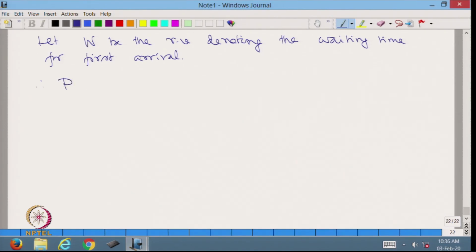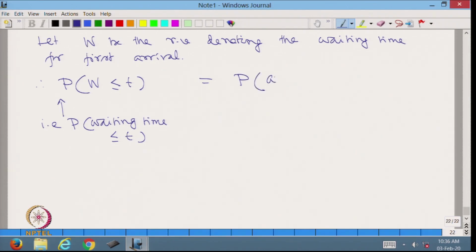Therefore, the probability W is less than or equal to t, that is, the probability that the waiting time is less than or equal to t, is equal to the probability of at least one arrival in time t.